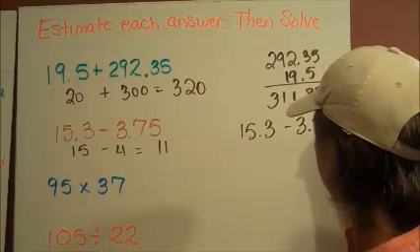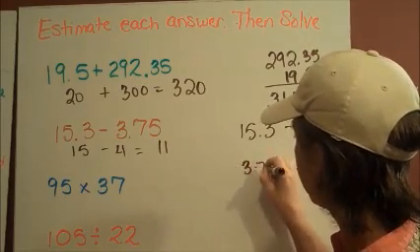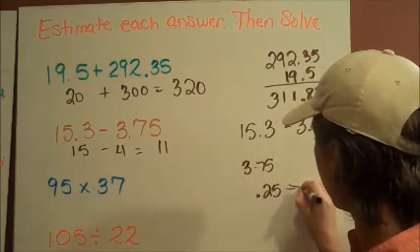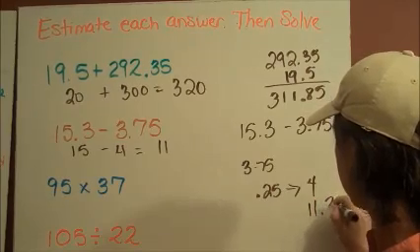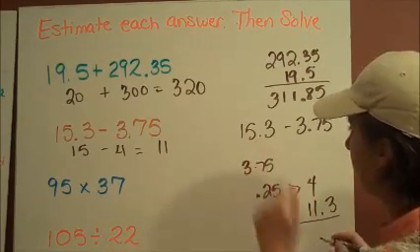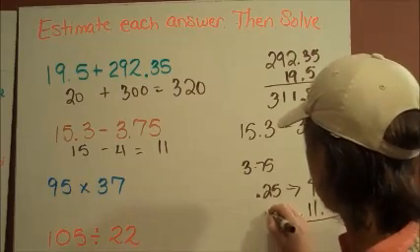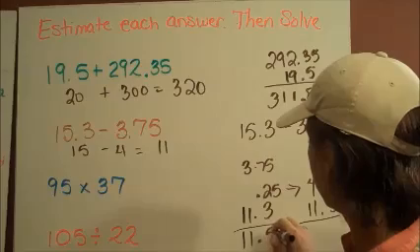And for this one, I'm going to use the counting up subtraction strategy. If I'm at 3.75, I know that 25 cents will get me to $4. And then I know that 11 and 3 tenths will get me to 15.3. So the answer is 11.55.